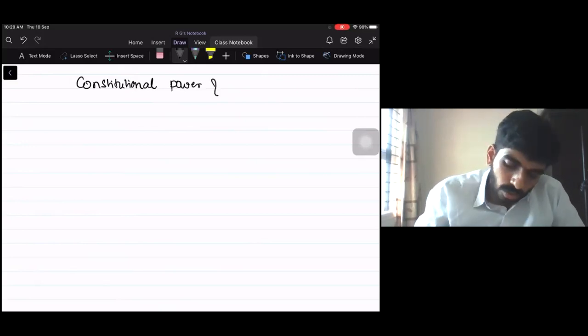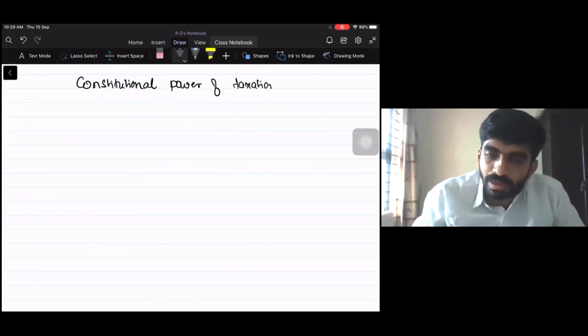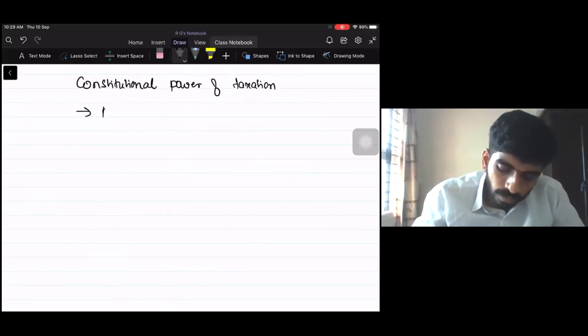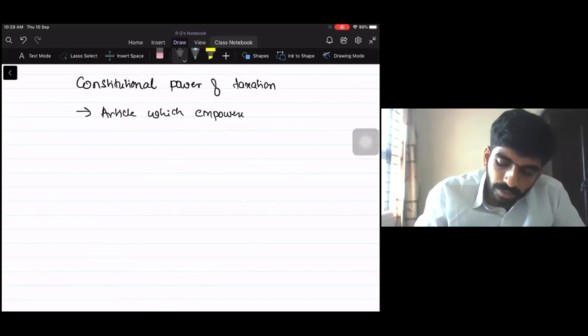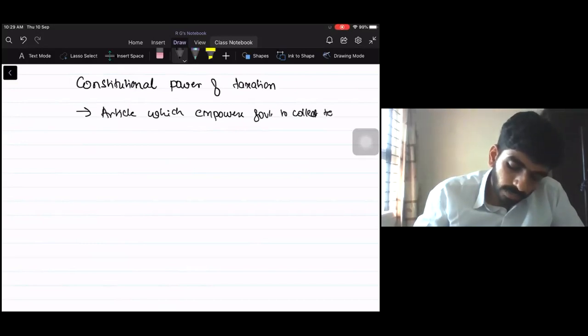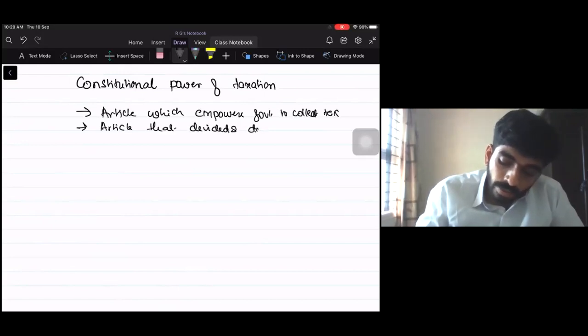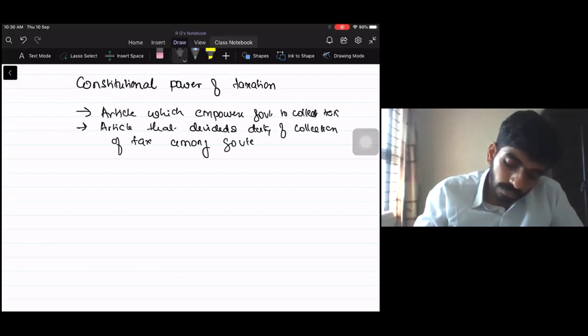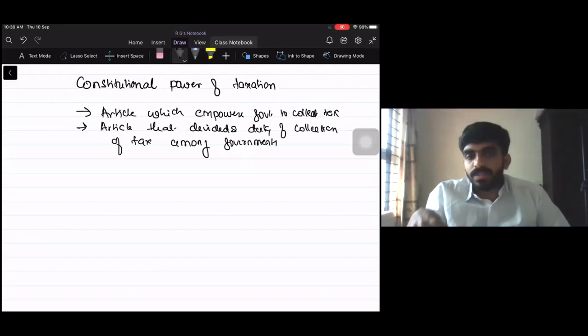So under constitutional power, you should write about the article which empowers government to collect tax, and the article that divides the duty of collection of tax among governments. So this is the question for you.